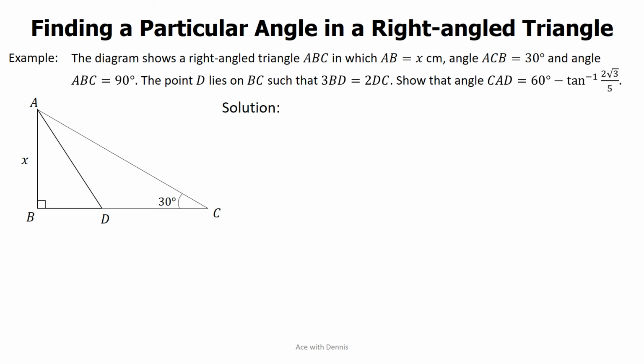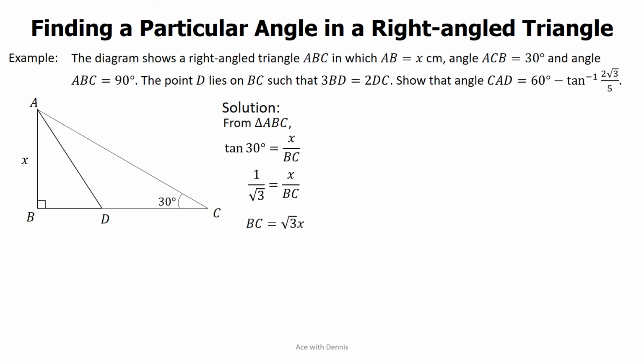Here's the solution. First we start from triangle ABC. Tangent 30 degrees equals x over BC, tangent being opposite over adjacent. So tangent 30 is 1 over root 3, which equals x over BC.